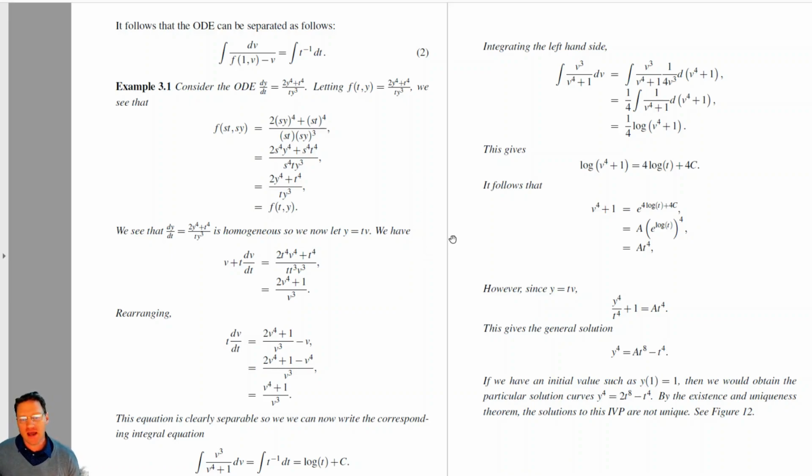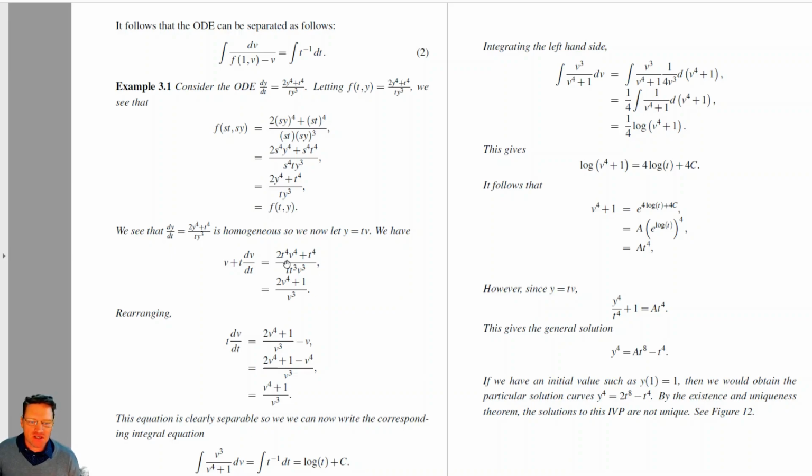First we let y be equal to t times v, or in other words, v is equal to y over t. By the product rule, we have v plus t v dash is equal to, and for this part we're just replacing all of the y's in this expression with tv.